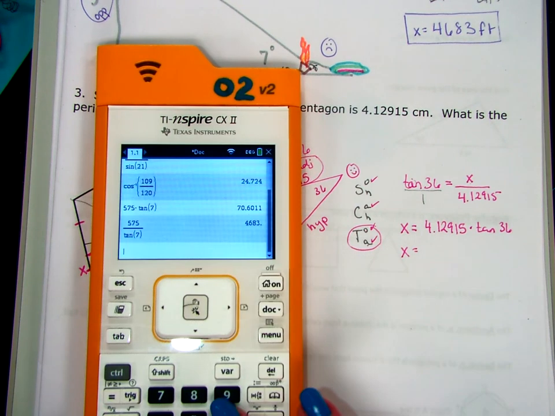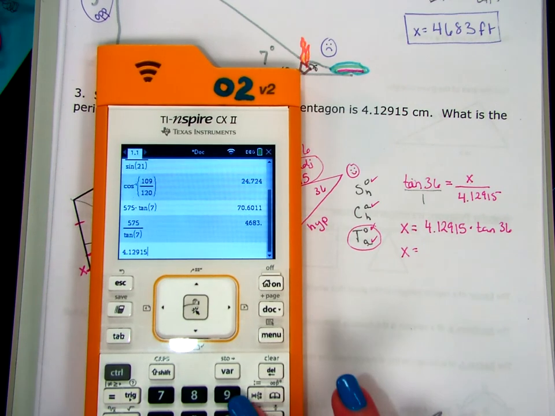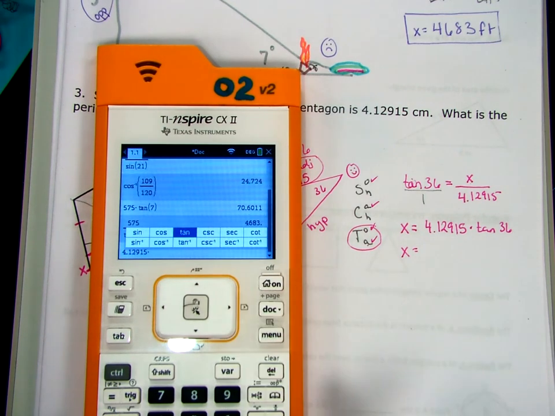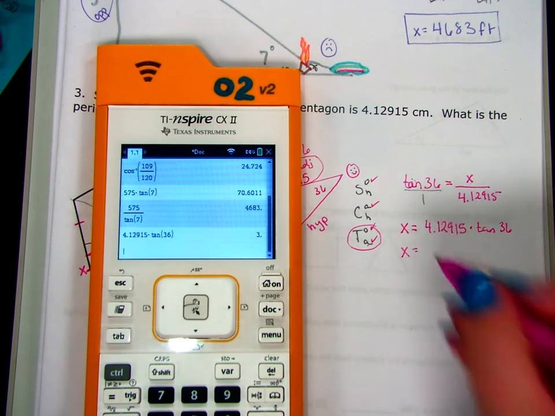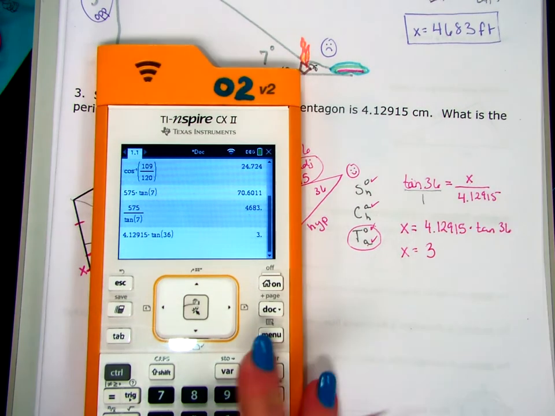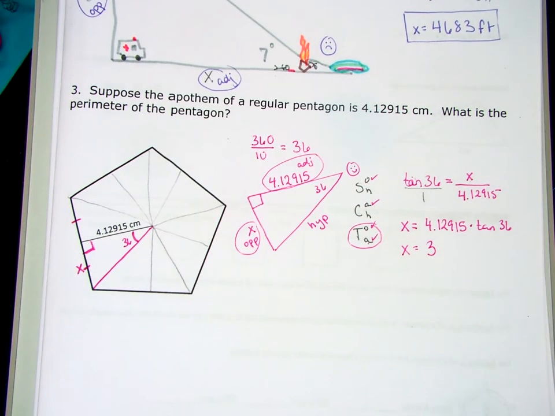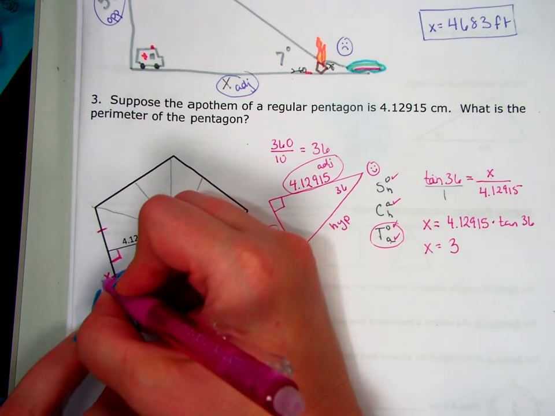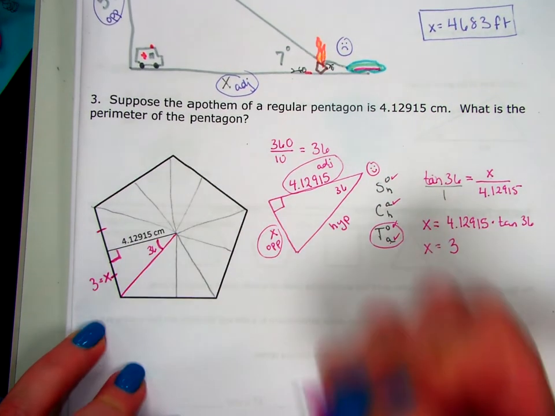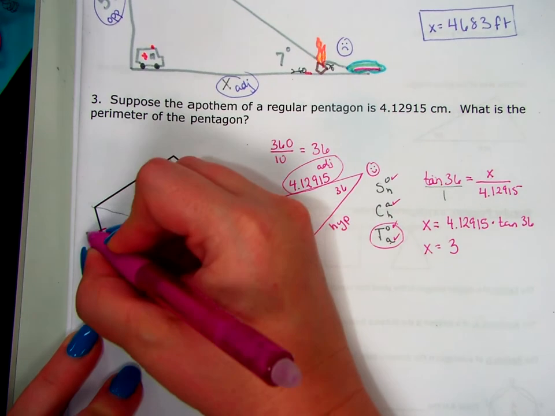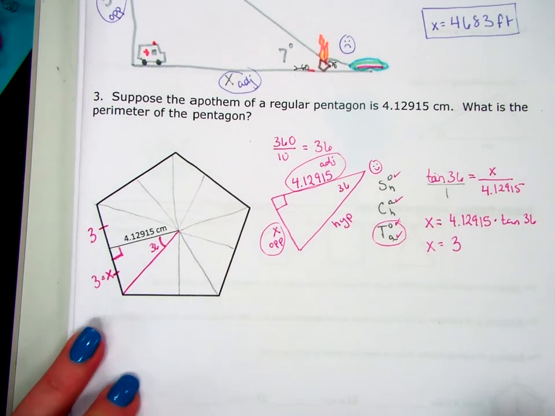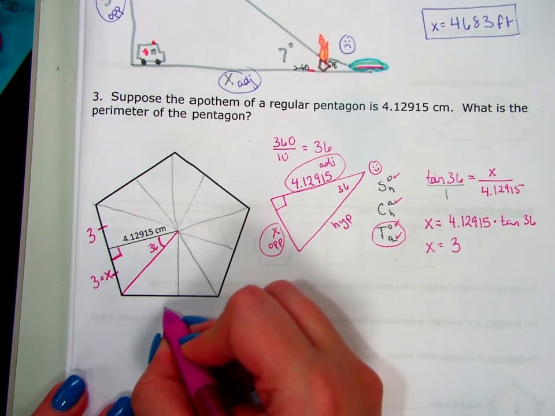So 4.12915 times the tangent of 36 is 3. That's not my answer though, right? That's just x, which means this piece here is also 3, which means a whole side is 6.